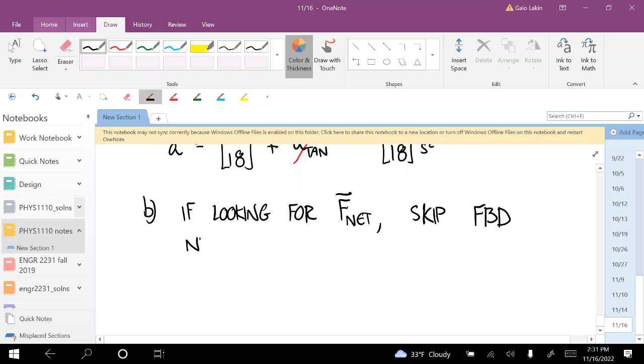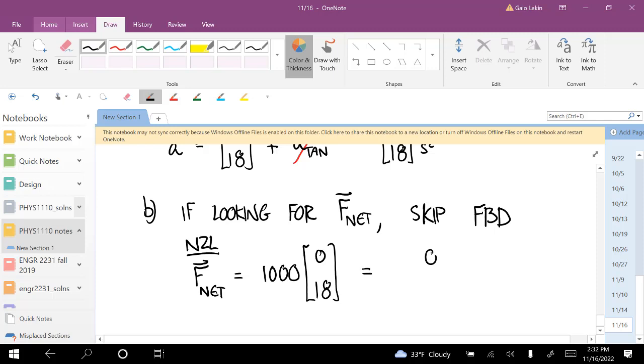And so you can go straight in this case to Newton's second law, which just says F net is equal to the mass times the acceleration. So 1,000 times the vector 0, 18.